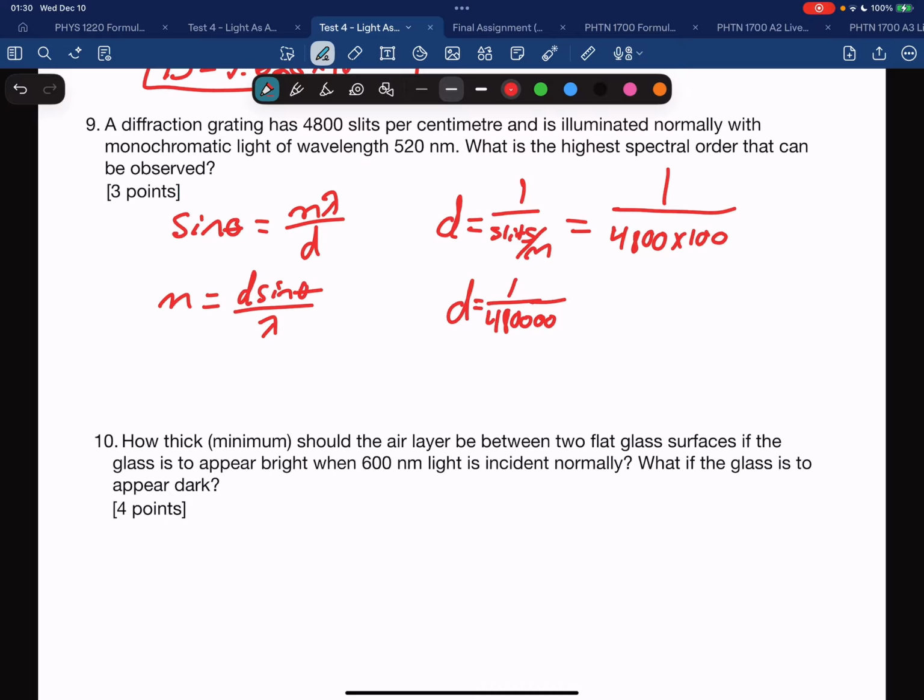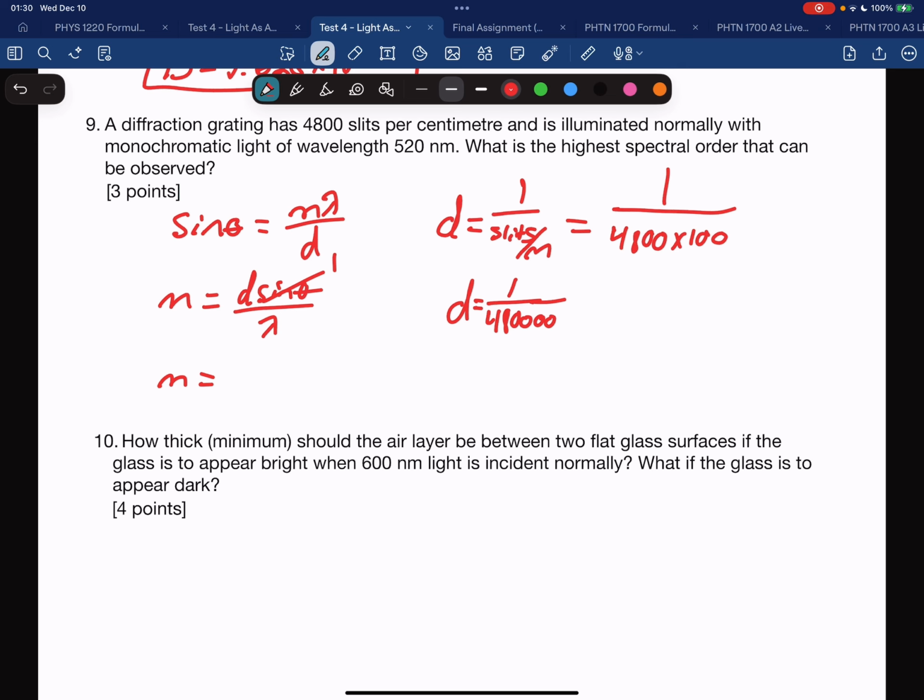And we are also looking for the highest spectral order that can be observed. So we need to try to max out sine theta. The maximum value that the sine of theta can have is 1. So sine of theta will be equal to 1.